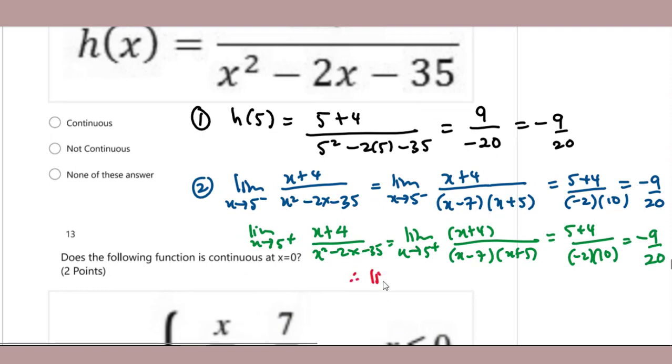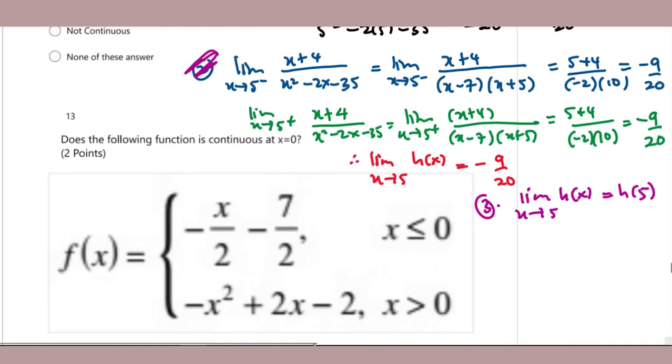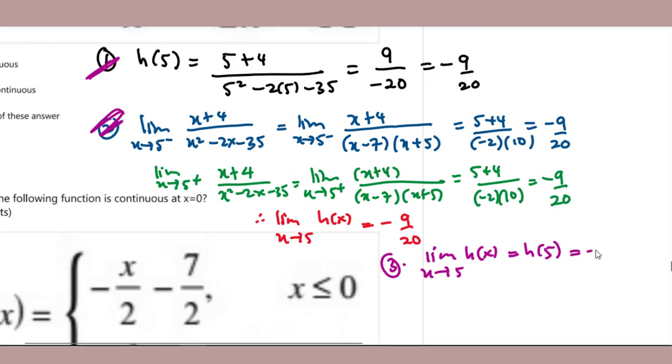Therefore, the limit of h(x) as x approaches 5 is equal to negative 9 over 20. And the third step: number 2 is equal to number 1. The limit of h(x) as x approaches 5 is equal to h(5), which is negative 9 over 20.